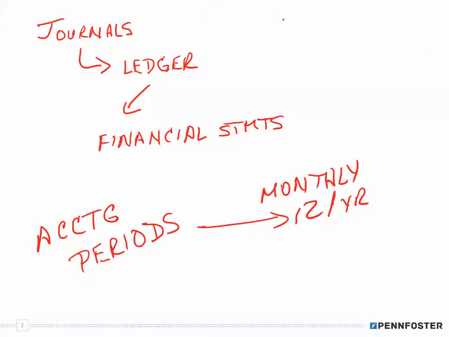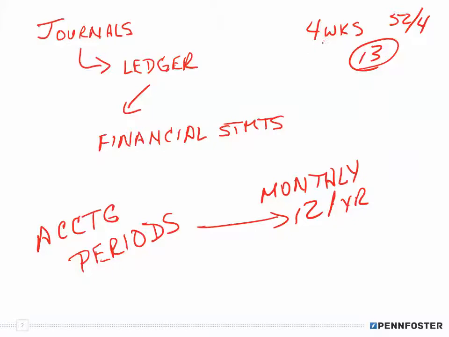For example, if you say I want to have an accounting period every 4 weeks, well, there's 52 weeks in a year divided by 4, and that ends up giving me 13 accounting periods. Now think about it. Why would you use every 4 weeks?